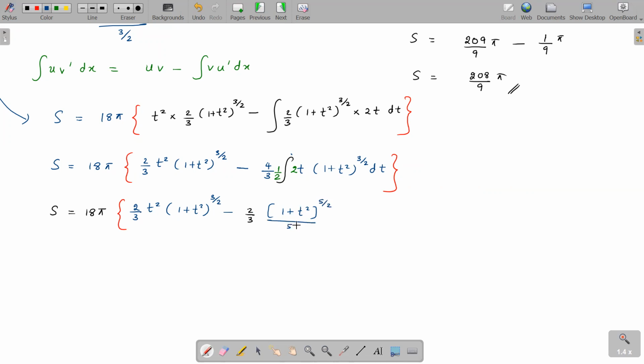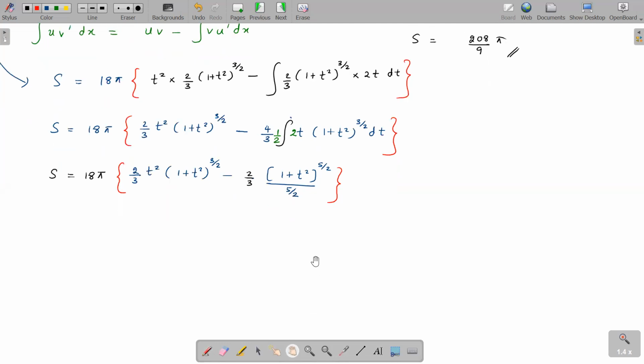Divide by 5 over 2. We have to input the limits after this. T square 1 plus t square to the power 3 over 2 here. Then you simplify: 2 over 3 divided by 5 over 2 is 4 over 15, 1 plus t square to the power 5 over 2.